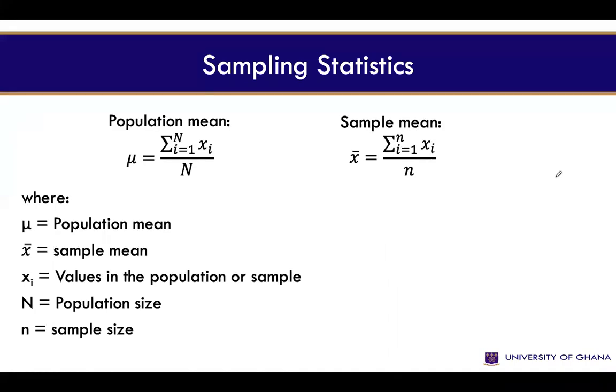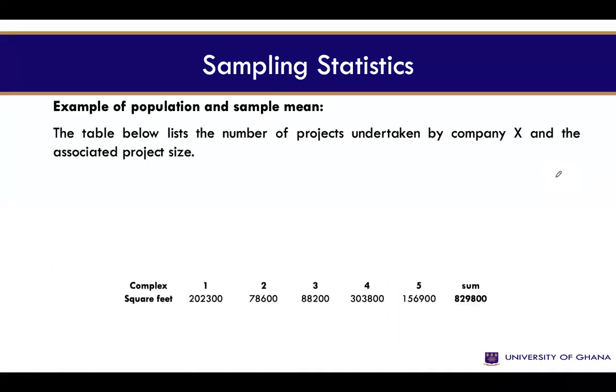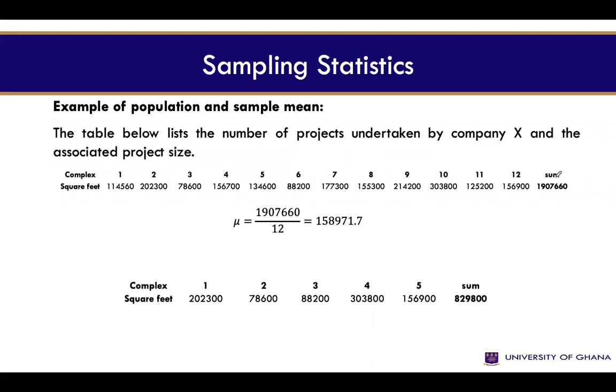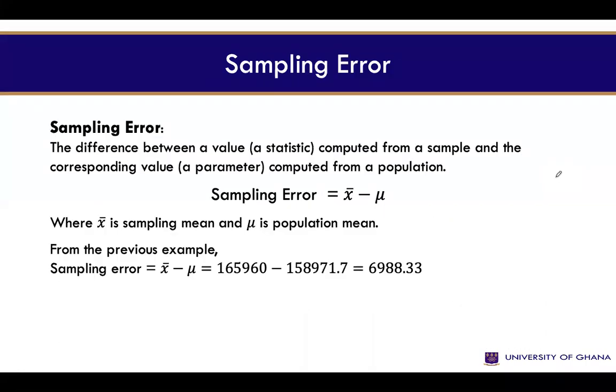Okay, the sampling error. When we talk about sampling error, it is the difference between the population parameter and the corresponding sample statistic. So mostly it is X bar minus mu.